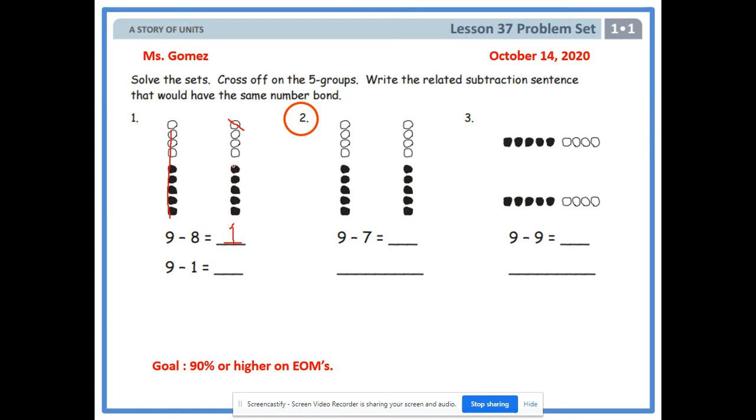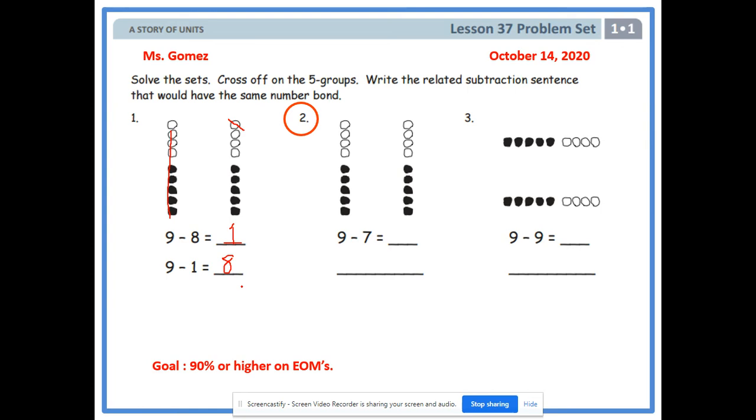Get ready. 5, 6, 7, 8. How many left? Get ready. Yes, 8. Go ahead and write 8. Let's go ahead and read this subtraction number sentence, starting with 9. Get ready. 9 minus 1 equals 8.